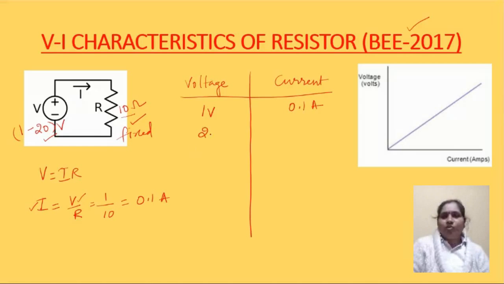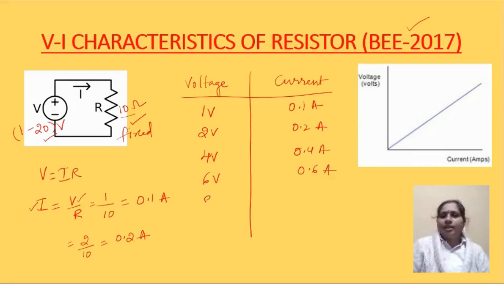Similarly, for the next value, let me take 2. It is 2 divided by 10, so it will be 0.2 amperes. Similarly, if I take 4 volts, it will be 0.4 amperes. If I take 6 volts, it will be 0.6 amperes.